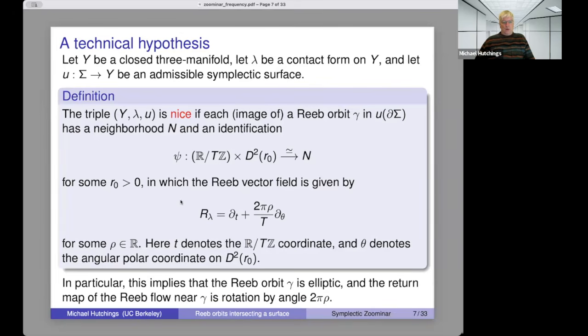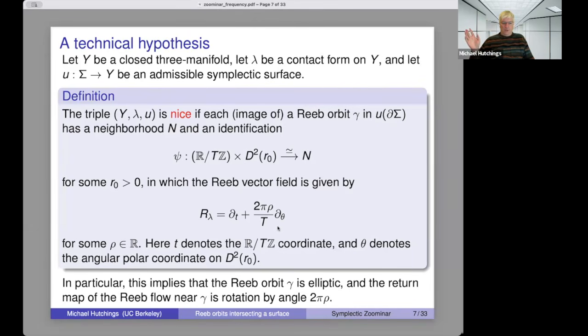So the neighborhood is identified with a circle cross a disk, and the Reeb flow goes around. This d/dt is the circle direction, and d/dθ is the angular polar coordinate on the disk. So it's saying that I'm rotating in the time direction around the circle, and I'm rotating in the theta direction on the disk, and the radial coordinate on the disk is never changing.